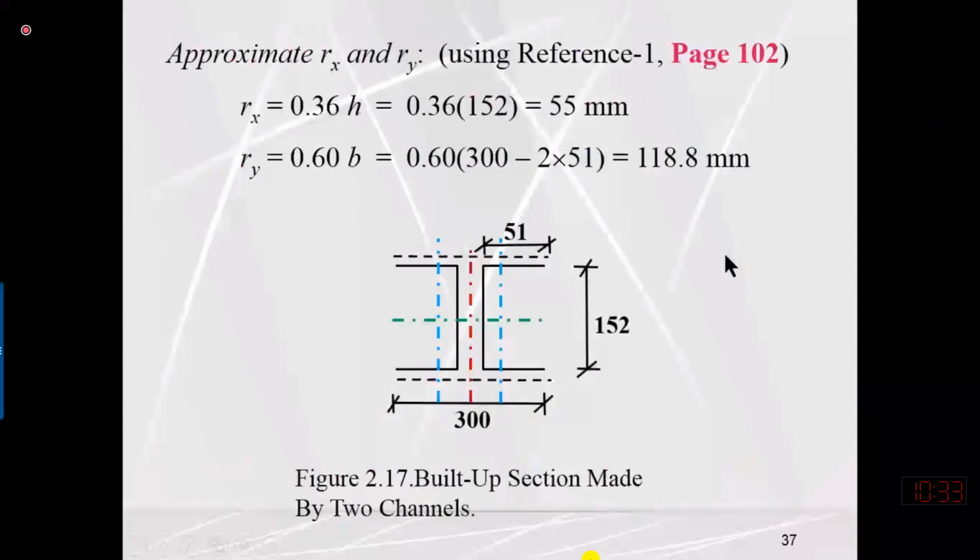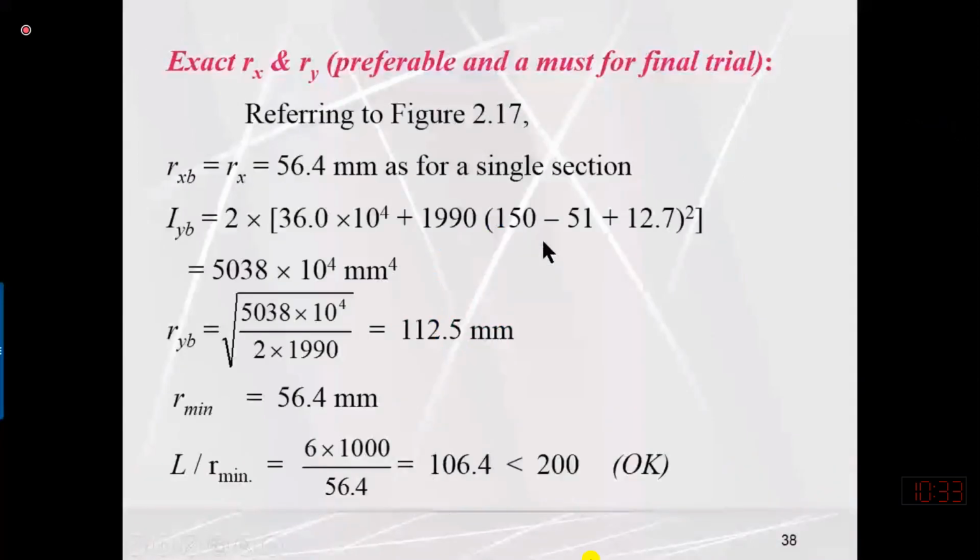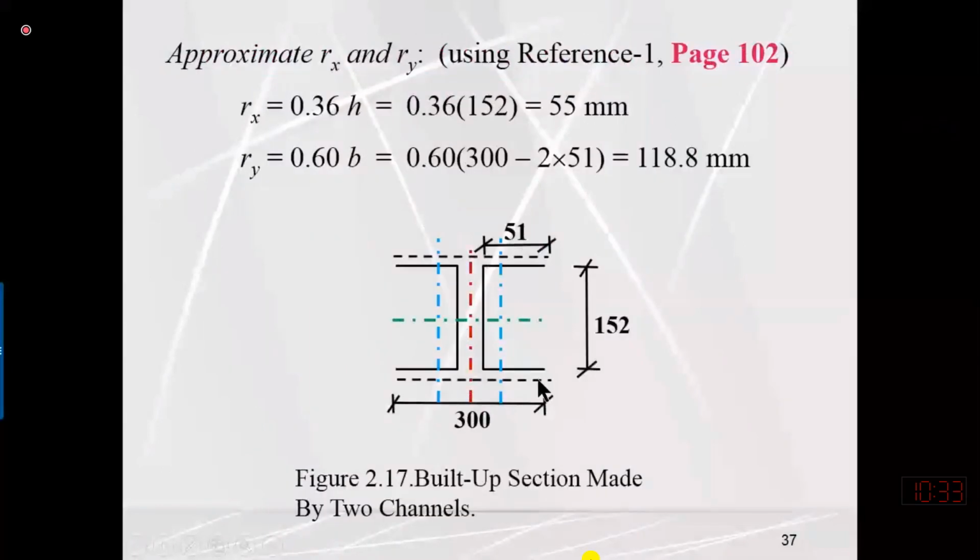So multiply by, computed in another way, 150. What is this one? 150 is half of 300, because the total distance is 300.